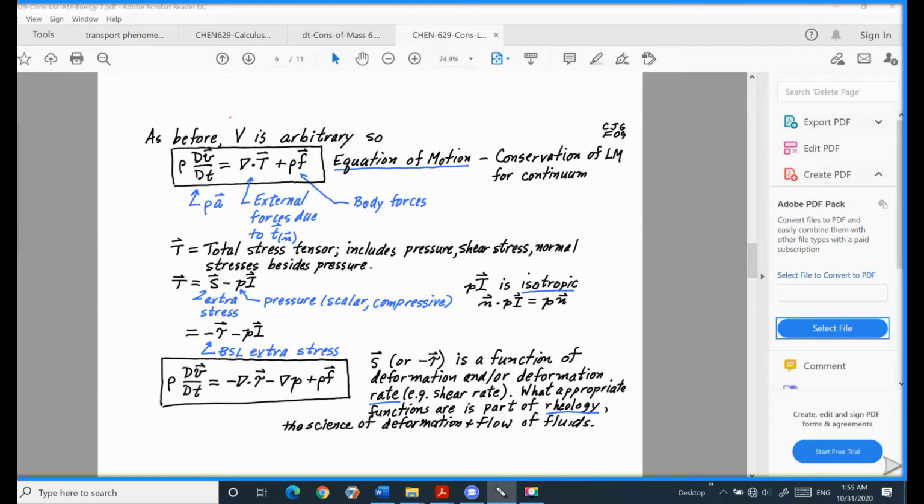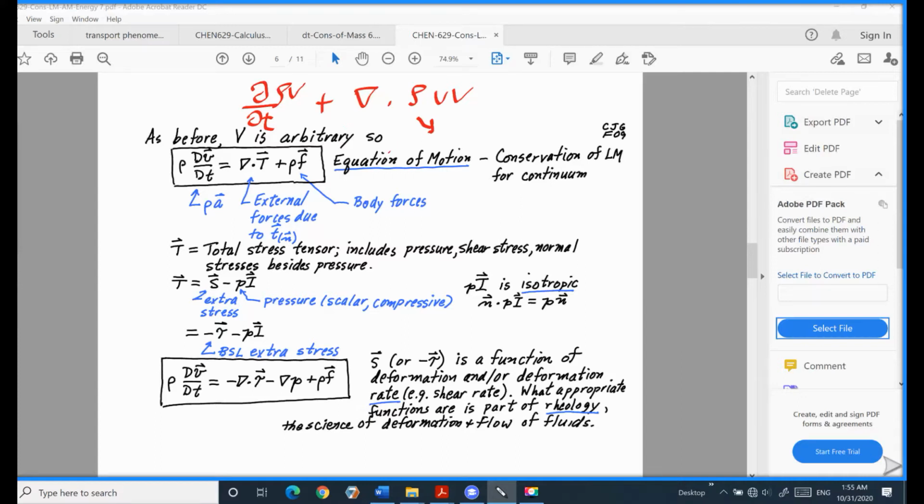Actually, where do these substantial derivatives come from? Let's say we have the partial derivative of rho v plus rho vv. This term, you remember from chapter 1, is the convective momentum transport. We can write this in this form.